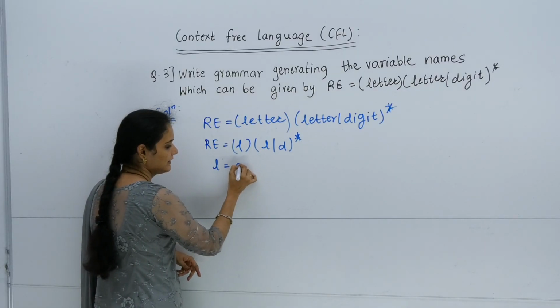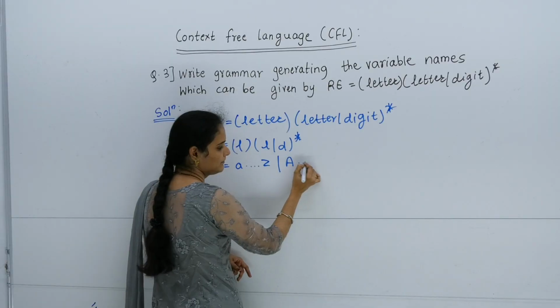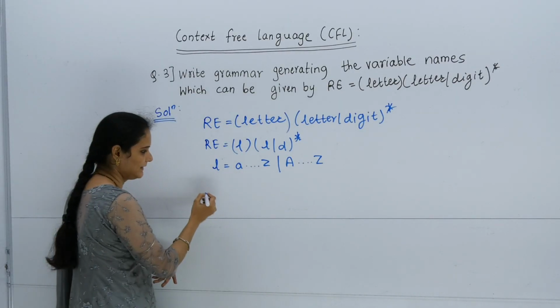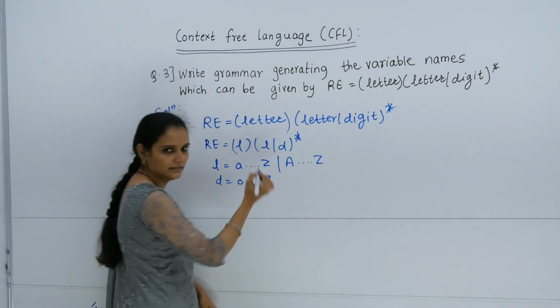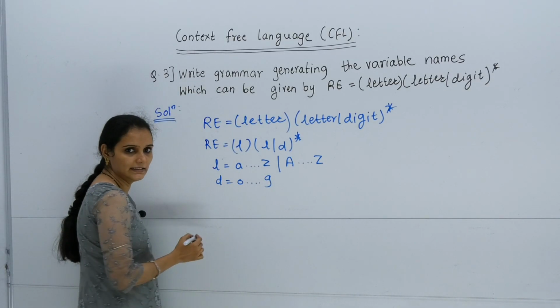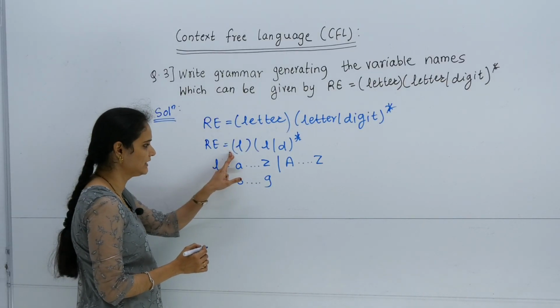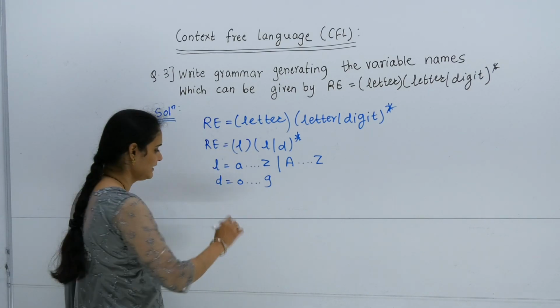Letter means small a to small z, or we can say capital A to capital Z. Digits are 0 to 9. So in the regular expression they have given, it starts with a constant letter.